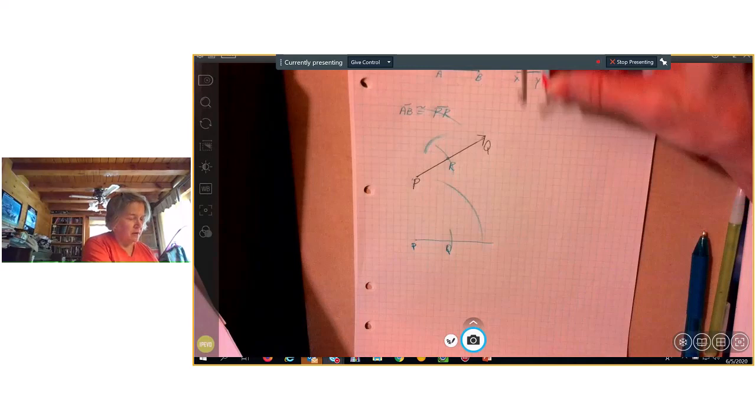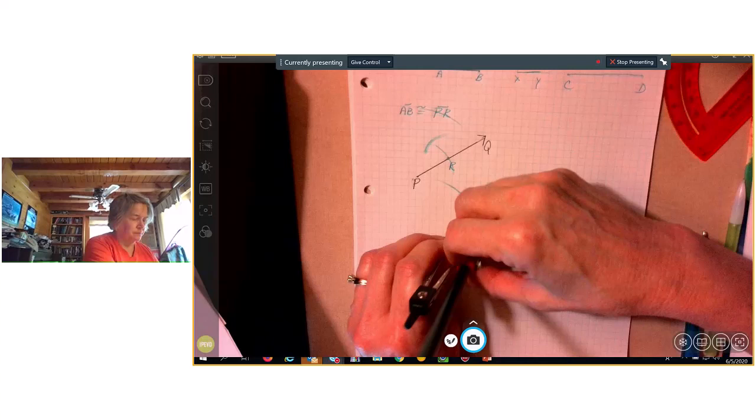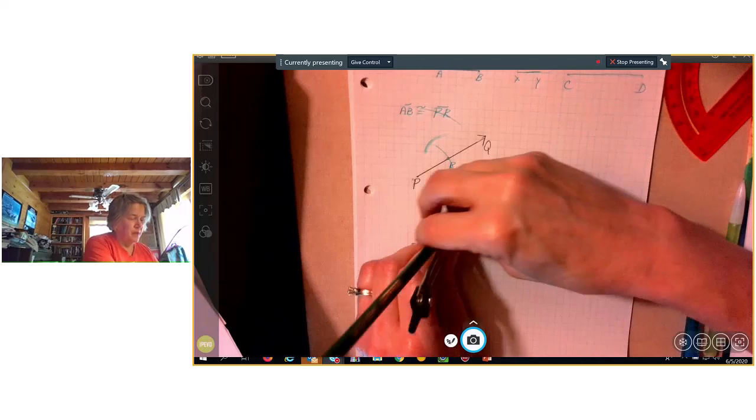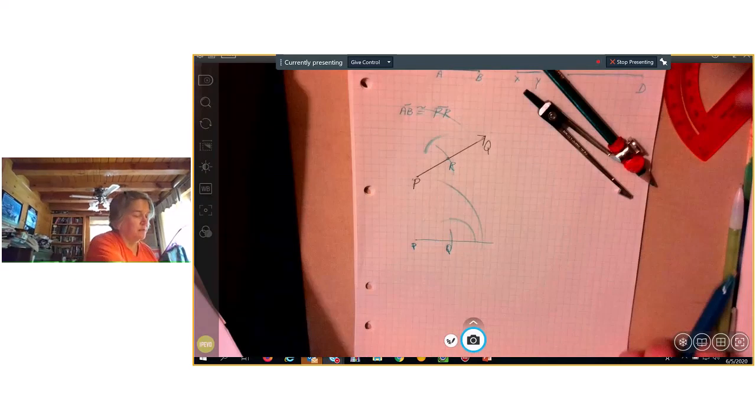And I'm actually going to draw an arc here. You can see I didn't measure out, so everything's going to look a little wonky.